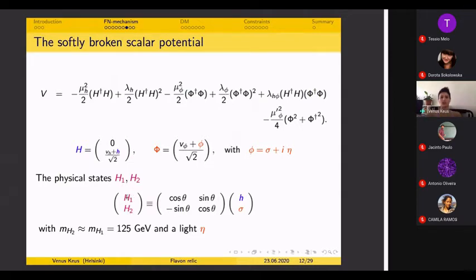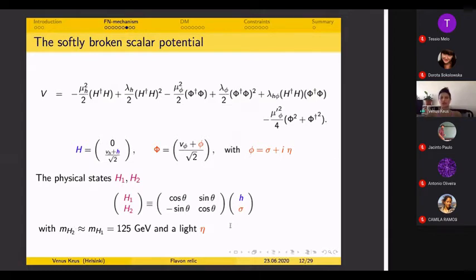We take H1 to be the 125 GeV boson that's observed at the LHC, and we take H2 to be around 500 or so GeV. It's a few hundreds of GeV, so scale-wise, it's not that far away from the standard model Higgs. And what we've noticed is that the phenomenology is not very dependent on the mass of this H2. So for the plots that I'll show you later, we take this H2 to be around 500 GeV.